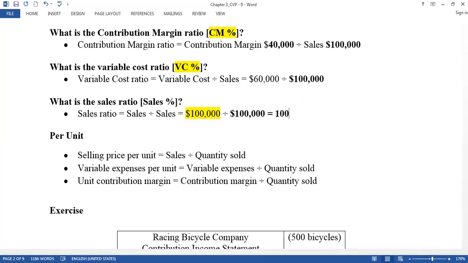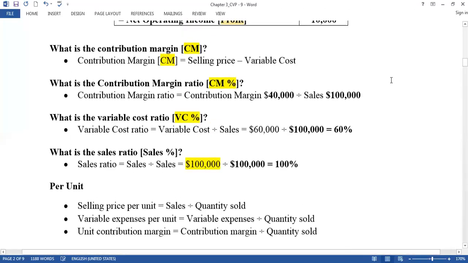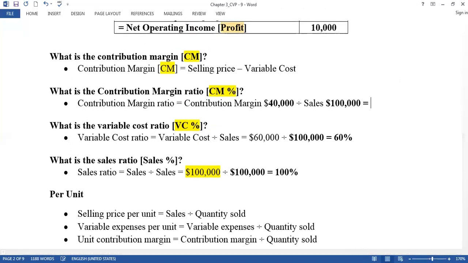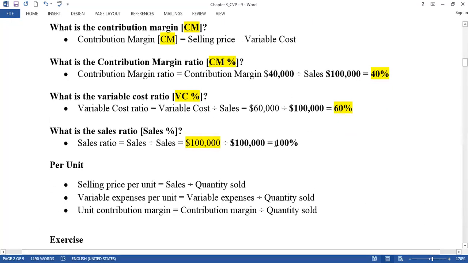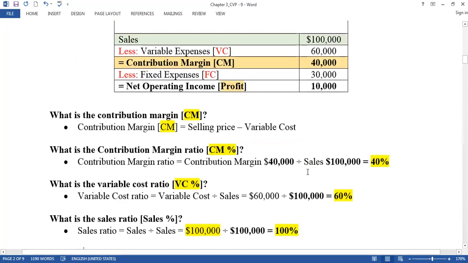The variable cost ratio is 60%, and this is 40%. So we calculate CM ratio 40%, variable cost ratio 60%, and sales is 100%.